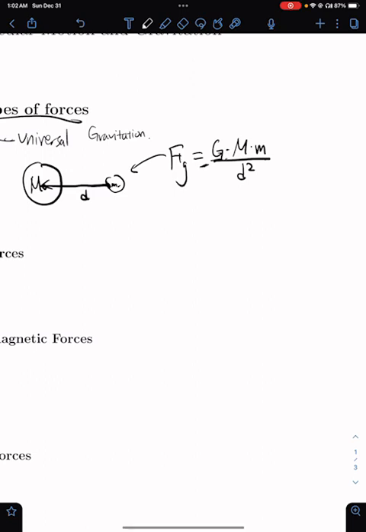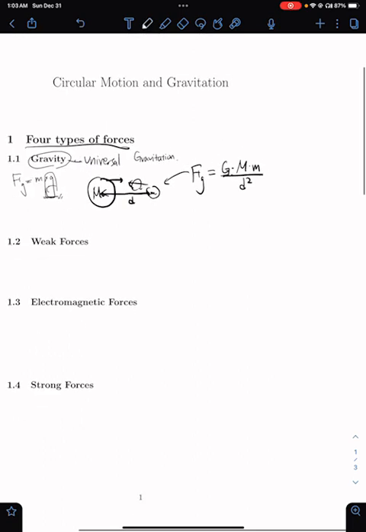Sometimes we use a negative sign there, but that's really just to show that gravity is an attractive force, as we probably know. The Earth pulls on the apple when the apple falls, right? So it's an attractive force, so the direction is pointing towards the other planet, which is why we often write a negative, because we try to show that it's the opposite direction of what we think it is.